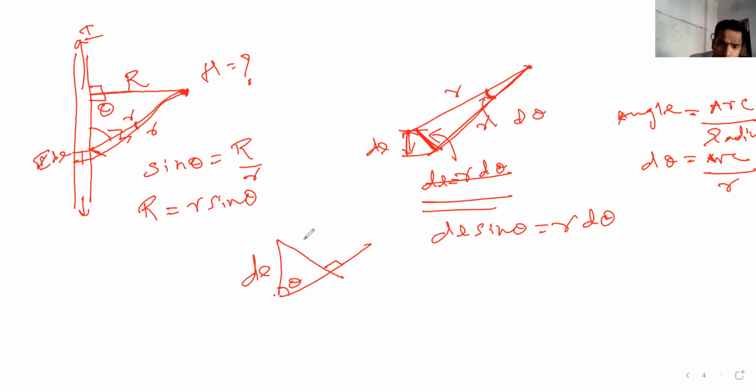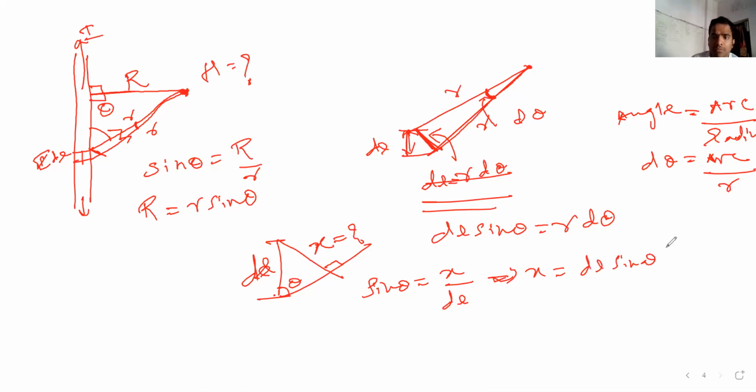What we wish to find is x. So sine theta will be x upon dl. So x will be dl sine theta.